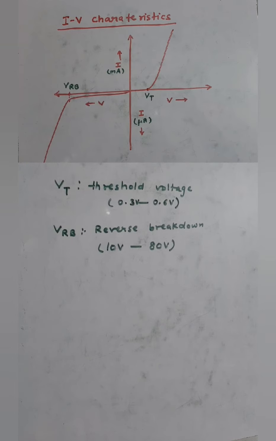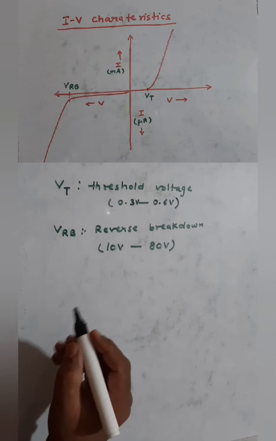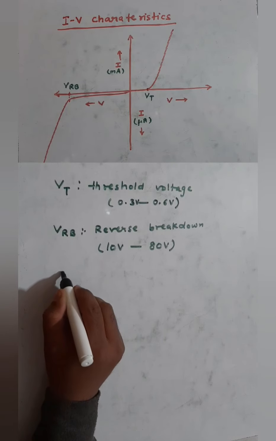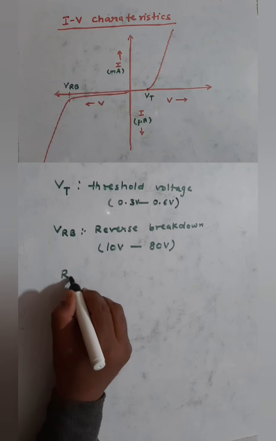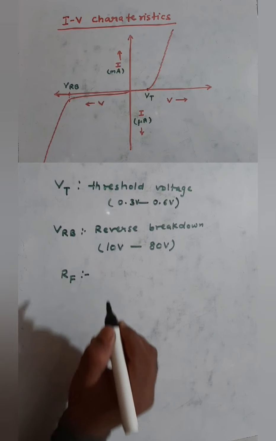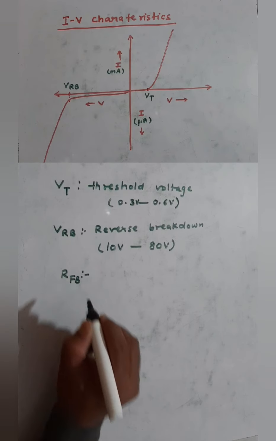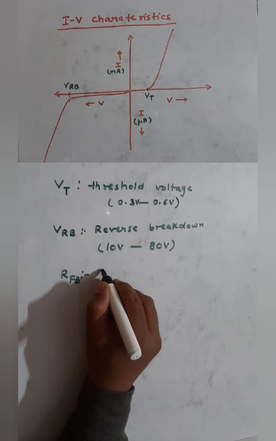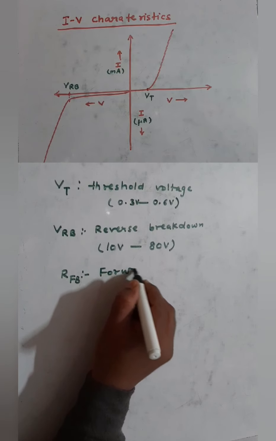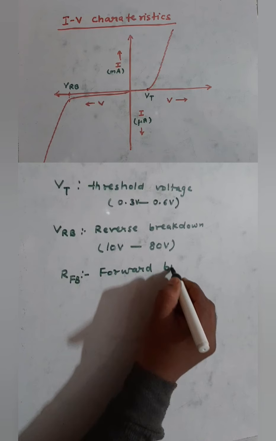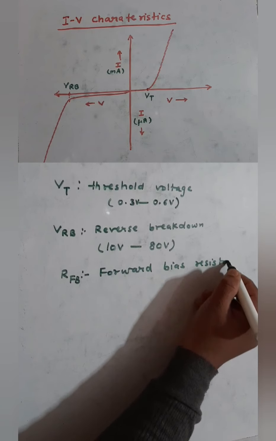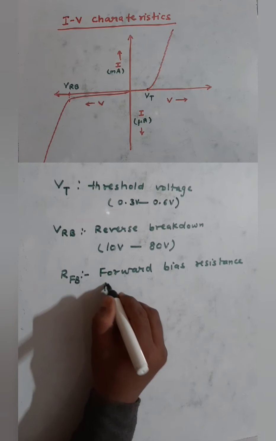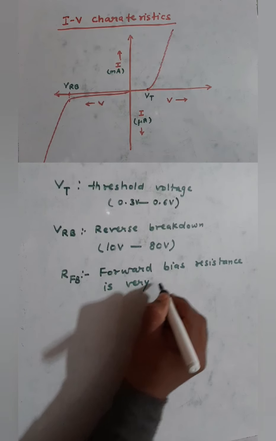The second thing to be noticed here is that the resistance of the diode is quite small in forward bias. So the forward bias resistance is very small.